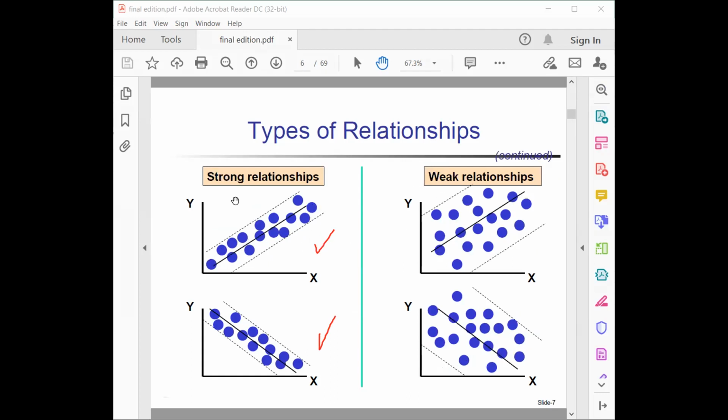Okay, and this shows a strong relationship versus a weak relationship. You can see it based on the spread of the data.